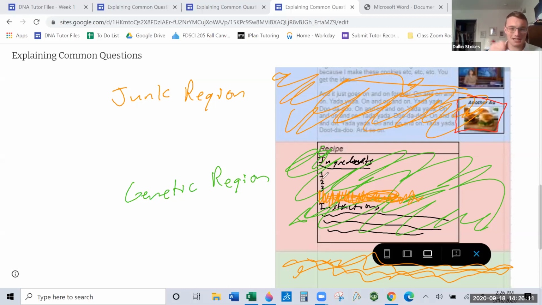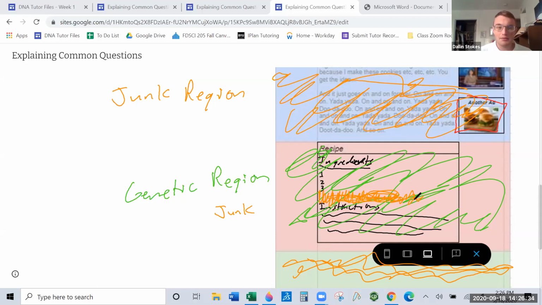They cram advertisements smack in the middle of your recipe. I don't know if anybody else gets frustrated by that or not, but you got an ad which is also junk, because if you've got a Clorox ad smack in the middle of your recipe, you're not going to add Clorox. You skip over it because Clorox would ruin your pie, right? So you skip over it, you ignore it, and you read the rest of the recipe that's actually important.